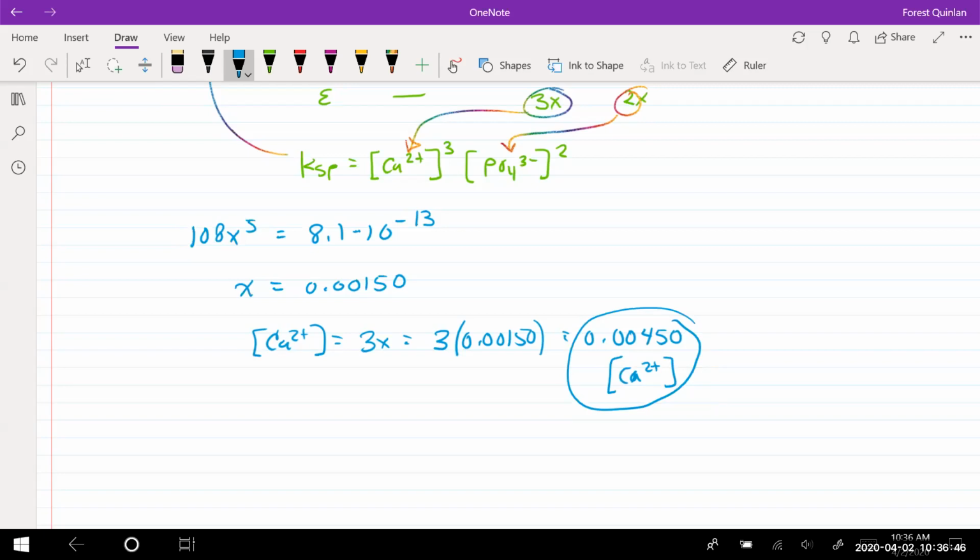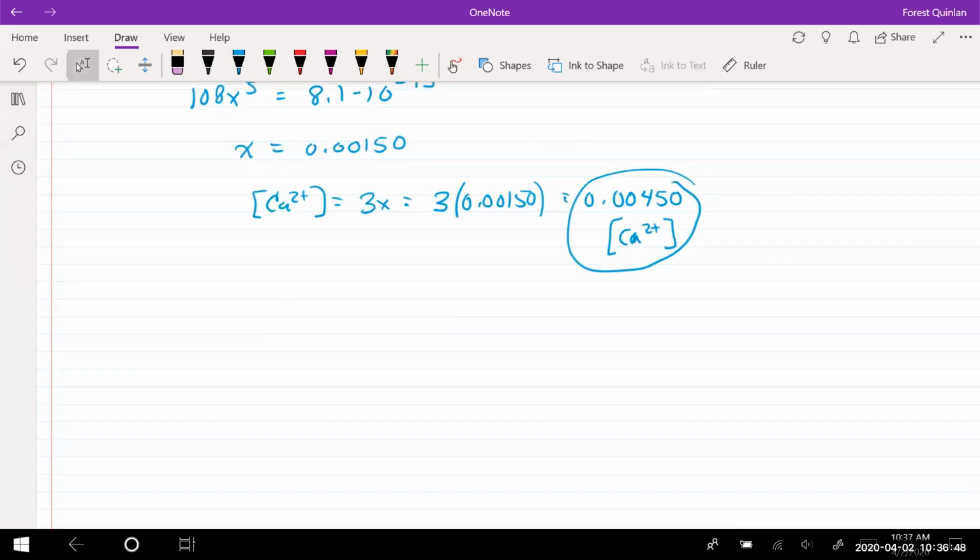And that's usually the one we care about. We can go ahead and figure out the phosphate as well. 0.002993. That's equal to 2x. I don't know why you get 293. Oh, because you're not rounding out a number there.